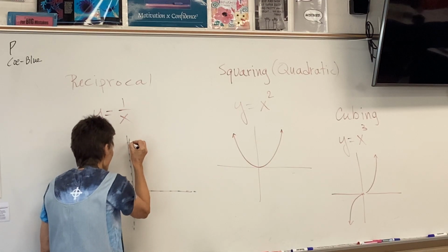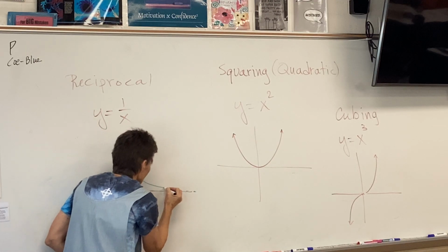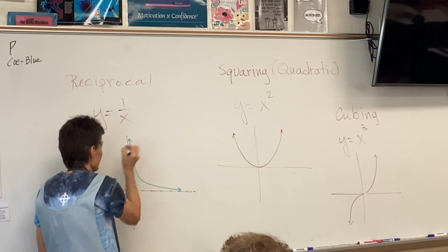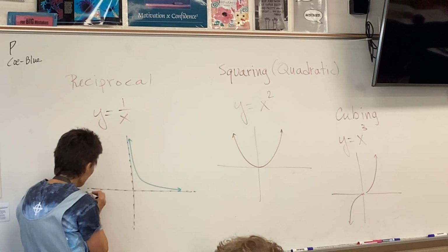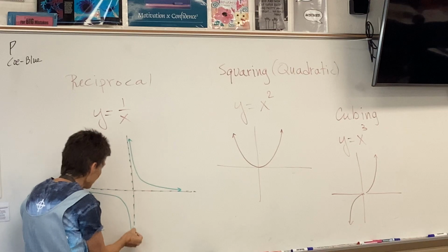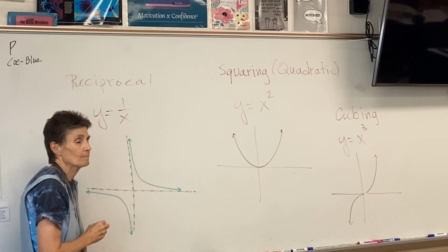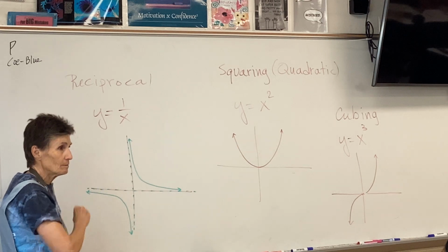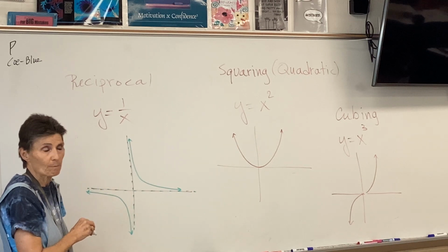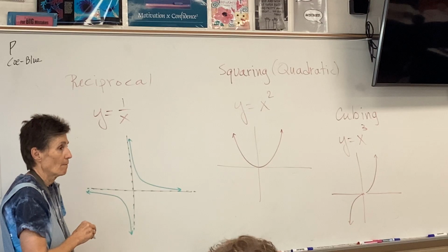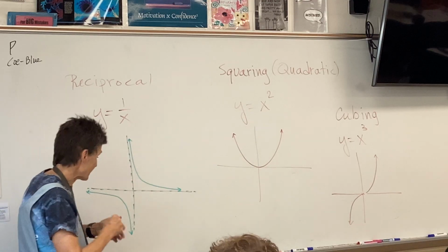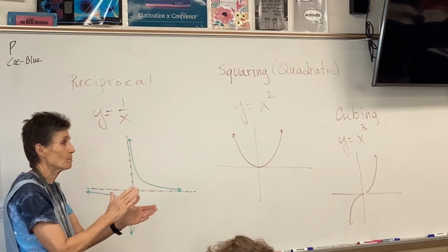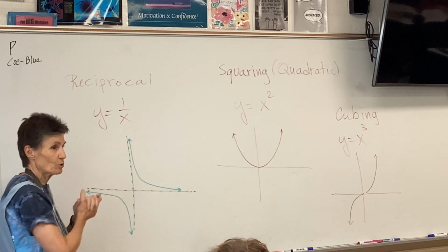And then you're going to have a piece of the curve that looks like that. And then the mirror image of it down here. That green right there is a picture of the reciprocal function. So if we take a quiz and we say draw the reciprocal function, that's what you draw.